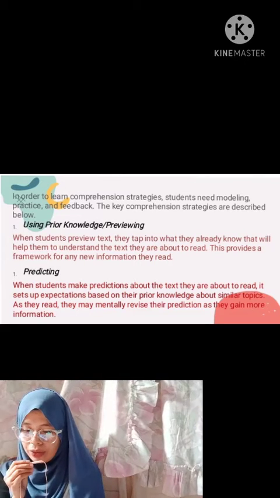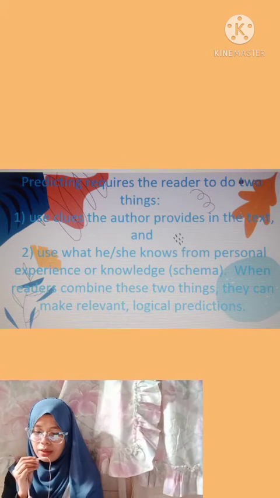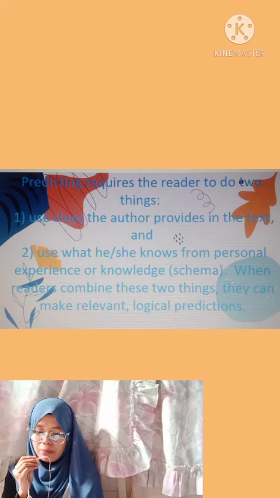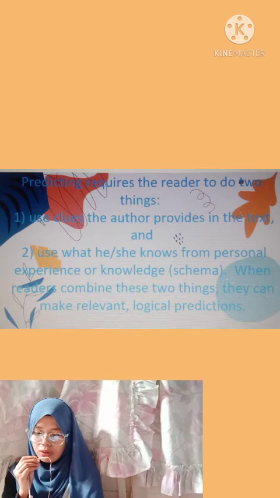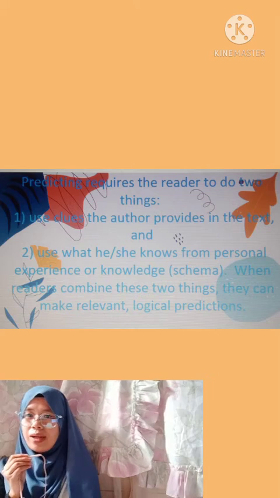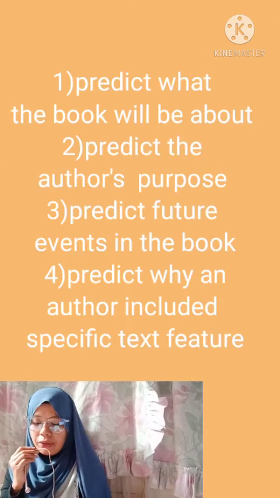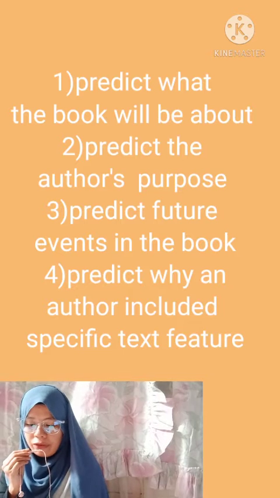Number 1, use clues that the author provides in text. Number 2, use what he or she knows from personal experience or knowledge, which we call a schema. When these two things combine, they can make relevant and logical predictions. Readers should make predictions before, during, and after reading.